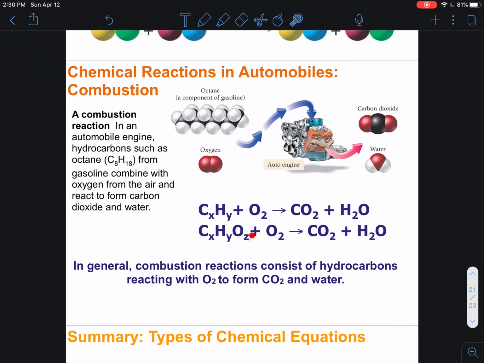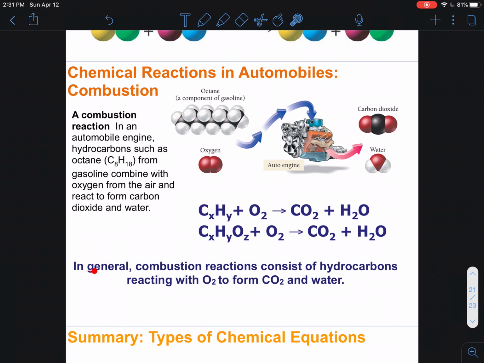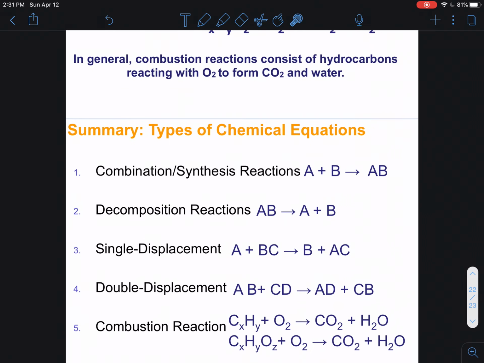The hydrocarbon could even contain O. Either way, hydrocarbon plus oxygen goes to, big take-home message, CO2 and water. You just need to be able to identify what combustion reactions are. In general, combustion reactions consist of hydrocarbons reacting with O2 to form CO2 and water. And that's all you need to know.